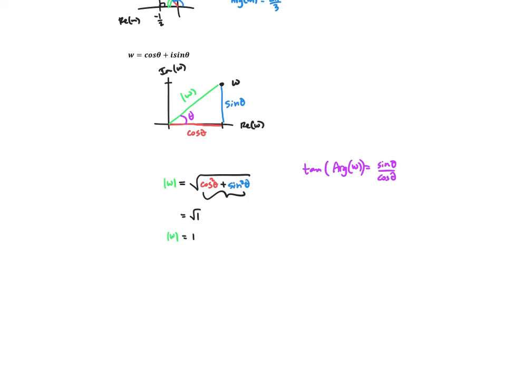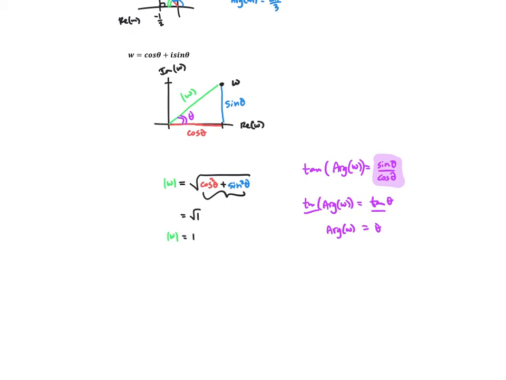We're working in general terms here, but this expression is equivalent to the tangent of theta. So the tangent of the argument of w is equal to the tangent of theta. Therefore, the tangent of this angle makes the two angles the same.